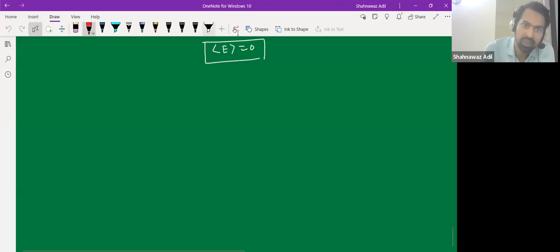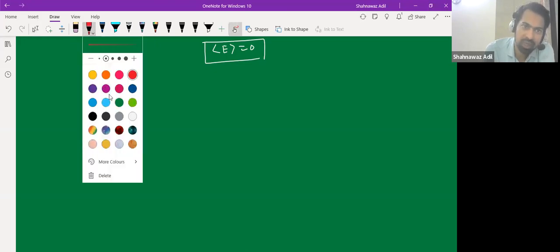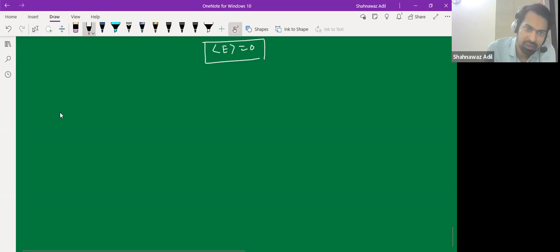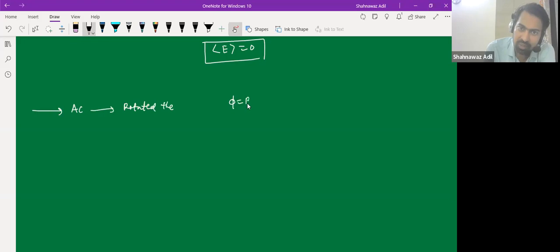In the previous class, we understood that using electromagnetic induction in the AC generator, we rotated the coil because phi is BA cos theta. Keeping the magnetic field B and area A constant, we change this theta.